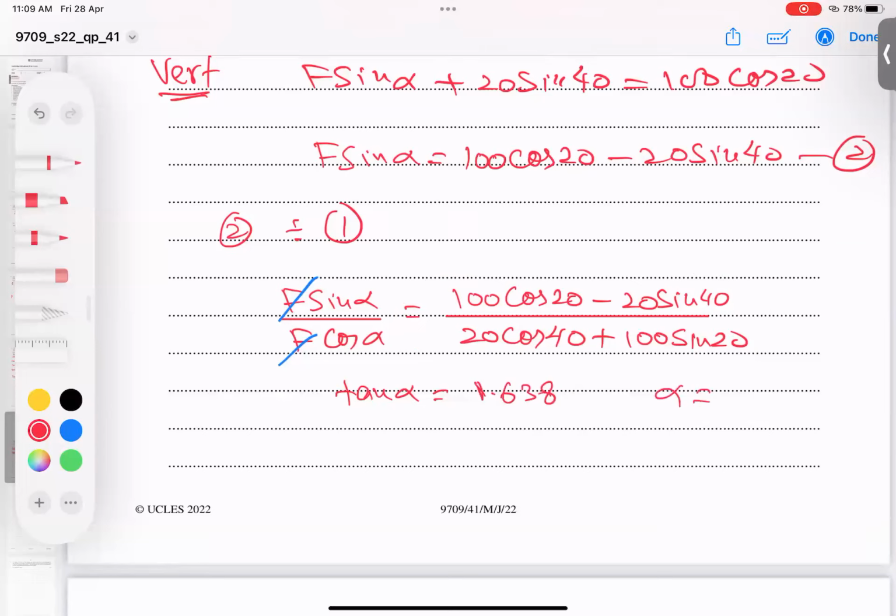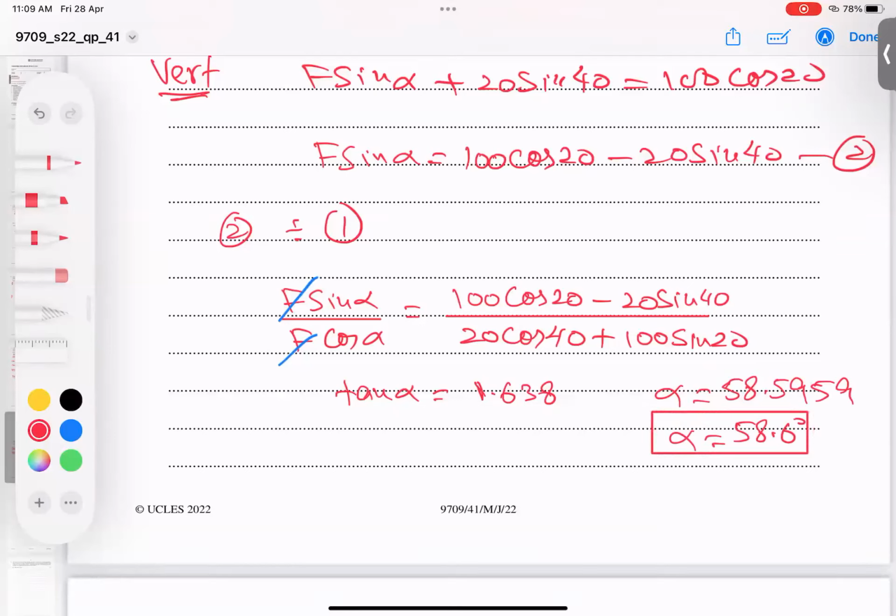It is giving me 58.6 degrees. Let me check once again: tan inverse of 1.638. Yeah, 58 point, and this is 0.6, actually 0.5959. So alpha is 58.6 degrees, no doubt about it.